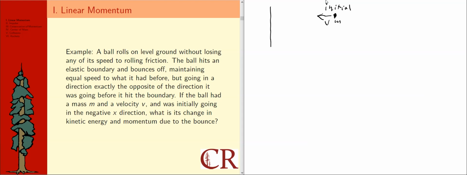Now it says that this wall is described as being perfectly elastic. So let me just see if I can squeeze that label in here, elastic. What that means to a physicist is that there's going to be no energy loss there. In other words, when the ball, I'm just going to draw slightly below here. Obviously, in reality, the ball would just bounce in and bounce back, but I find it easier to look at if I draw below here and label this as the final state of the ball.